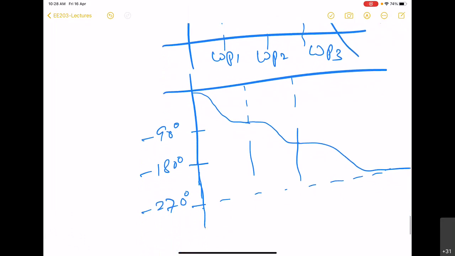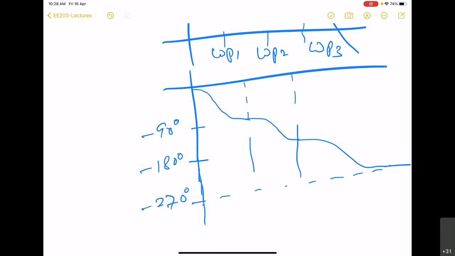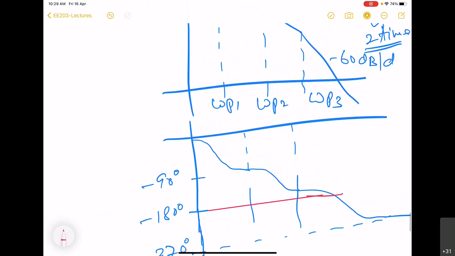So here we can see that there is a possibility of phase becoming 180 degrees at some finite frequency. Here.